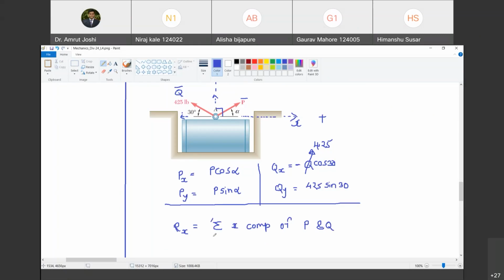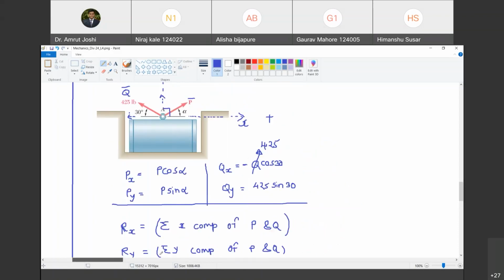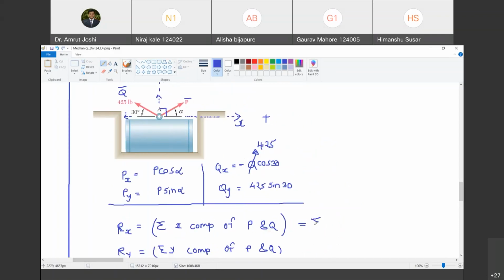Because R is the sum of P bar and Q bar, the x component of R must also be the sum of the x components of P and Q bar. Similarly, what is Ry, the Y component of the addition of P bar and Q bar? It is the summation of Y components of P and Q. Do you agree with me? Of course, with sign, we are going to add them with sign. That's for sure. So this we represent as summation Fx.